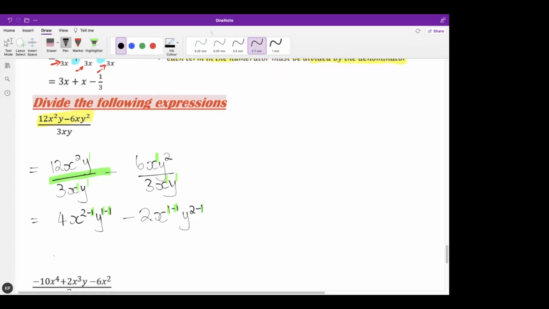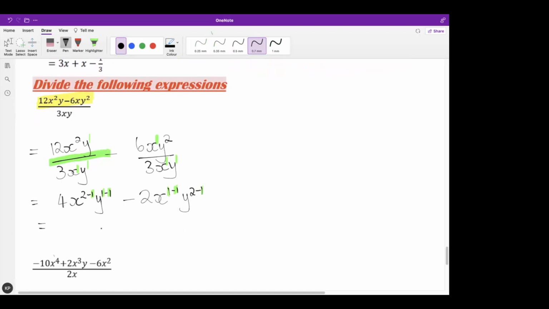Now let's simplify this once and for all. This equals 4x to the power of what? What's 2 minus 1? It's just 1. Is it necessary to write it? No. And then y to the power of 1 minus 1.